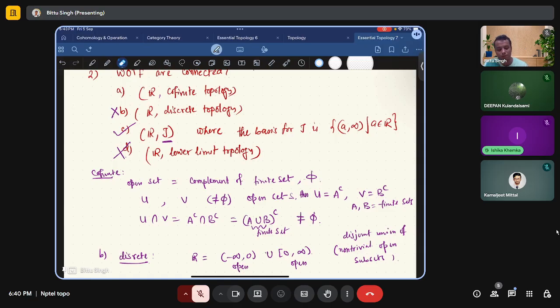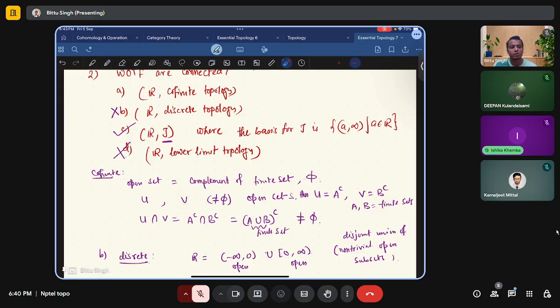That is, the problem is any two open sets in this cofinite topology always intersect. Take any two open sets, they must intersect because U contains almost every point except some finite points. It has all the points. Similarly, except some finite points, V has all the points.